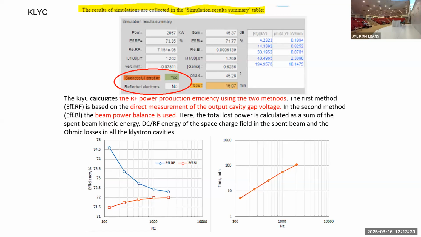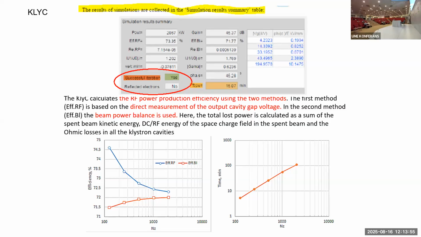It means mostly that some of the cavities have a voltage and previous voltage. Then you have to add a damper on the coupler, mechanical design.